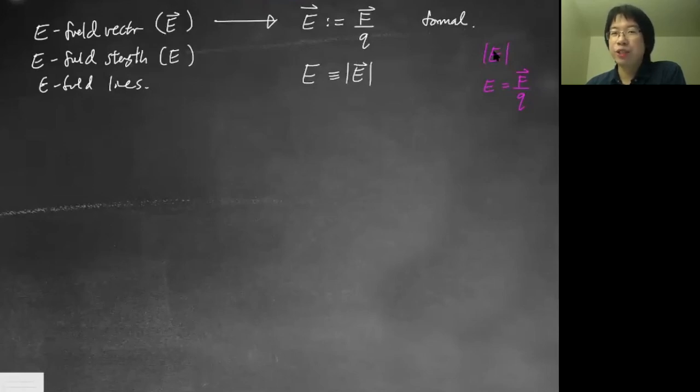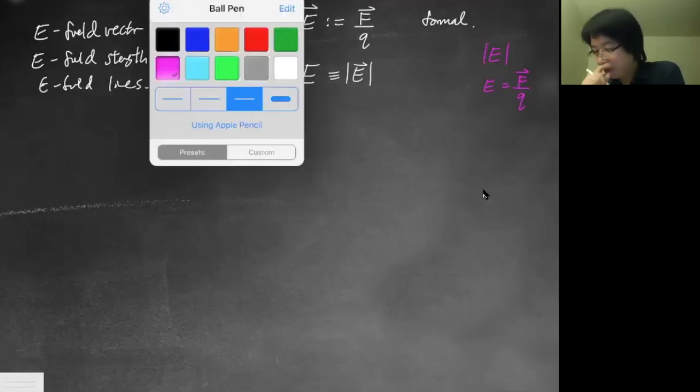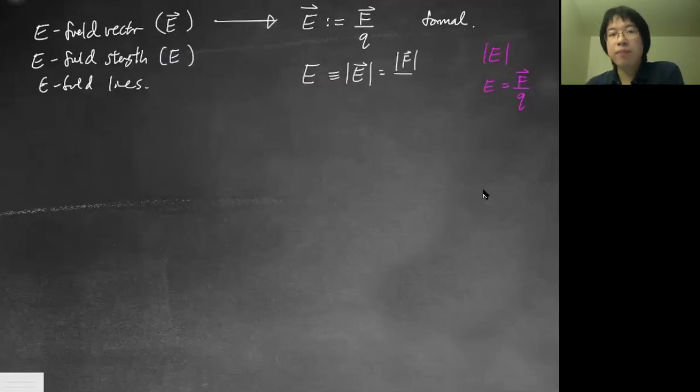If you're lazy, don't write these as well. If you're not lazy, you should also write a vector on top. So it's either or. It's just a little bit weird to me. This is mathematically wrong. So what does this mean? That's just the magnitude of whatever you're calculating. So essentially, this is the magnitude of this.